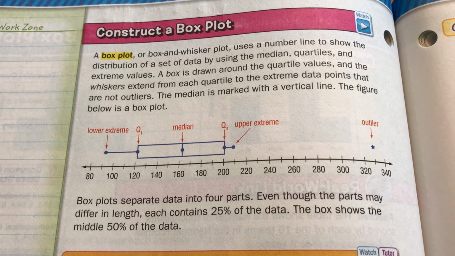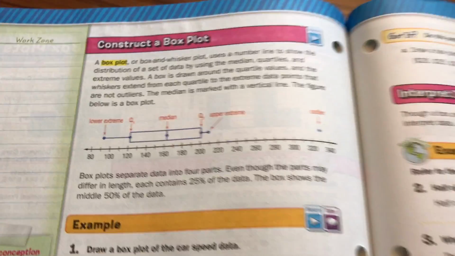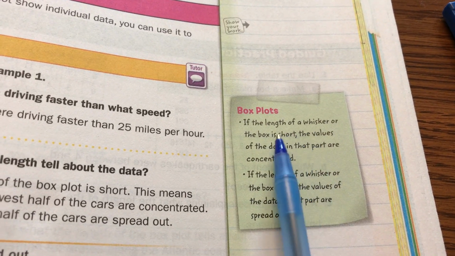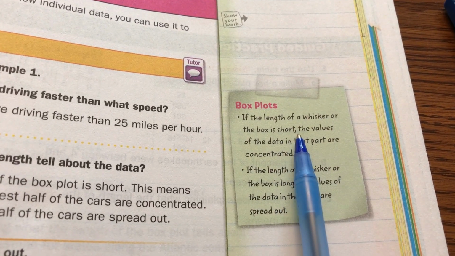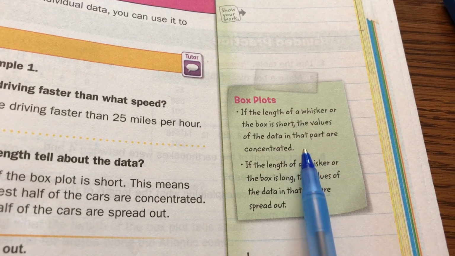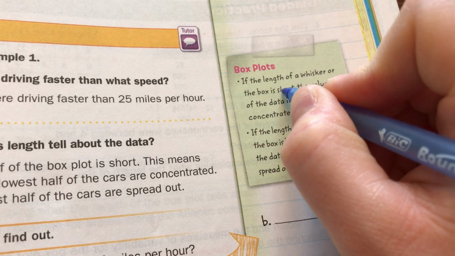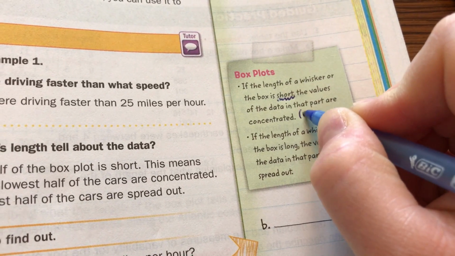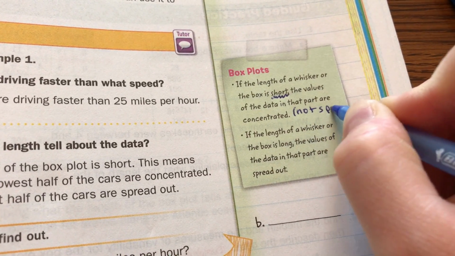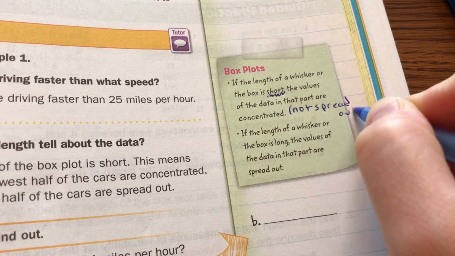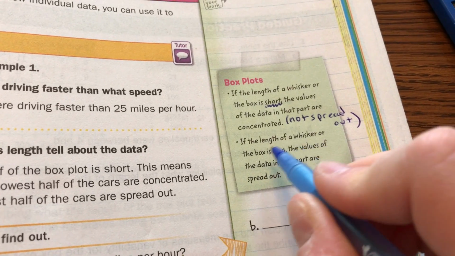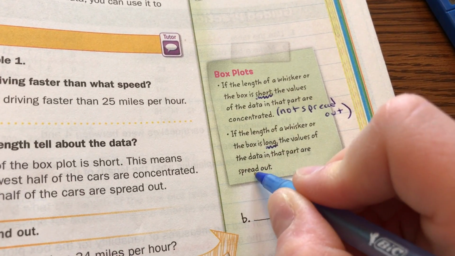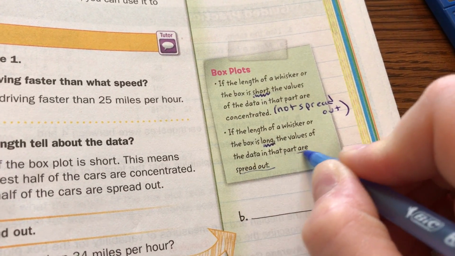Now, one thing that you need to know with box plots is that if the length of a whisker or the box is short, the values of the data in that part are concentrated. So if it's short, it's concentrated, which means the data is not spread out. If the length of a whisker or box is long, the values of the data in that part are spread out.